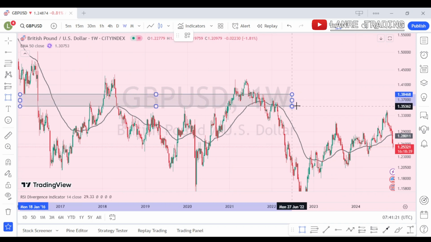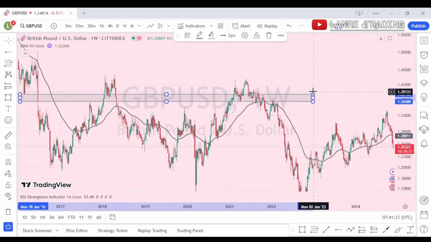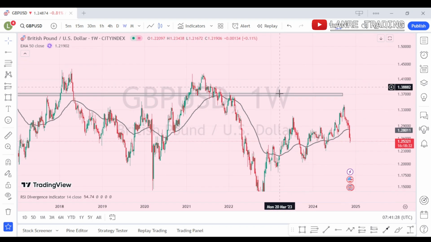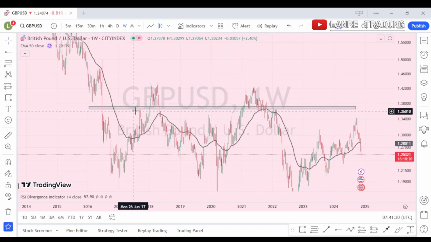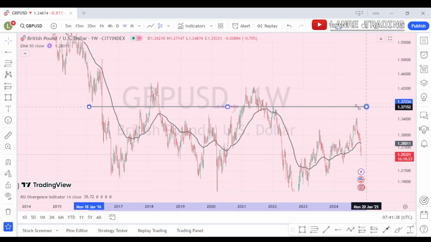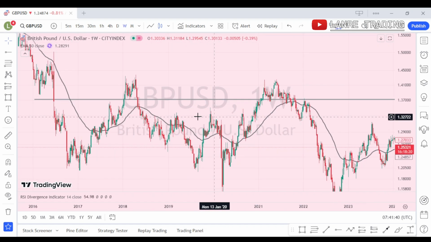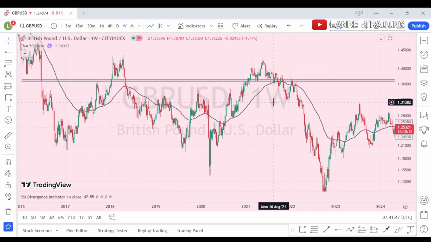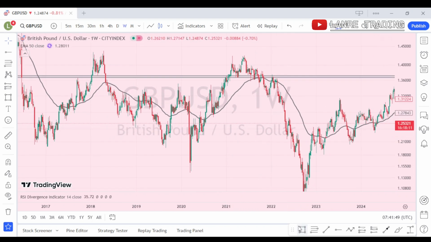These are the obvious highs and obvious lows. So these are resistance, support, resistance, support, a series of resistance and support. Okay, here is another level. There is another level right about here too.